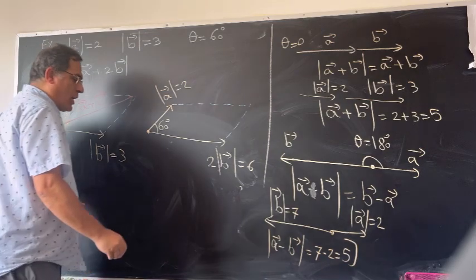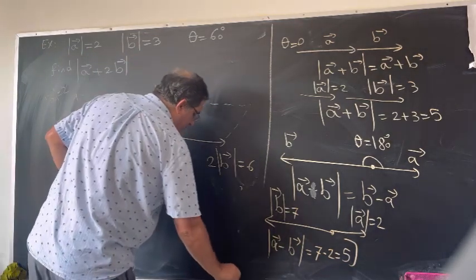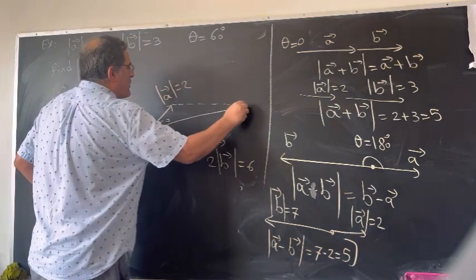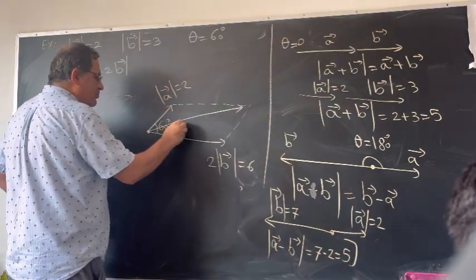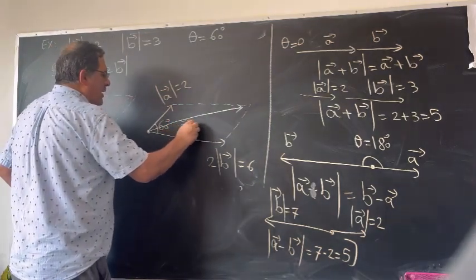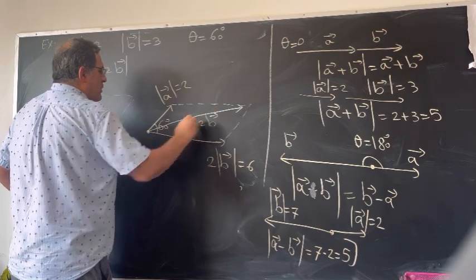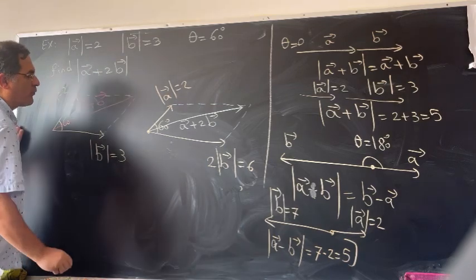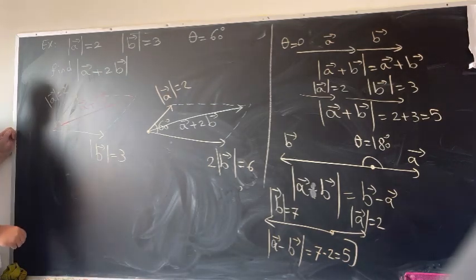The diagonal between the two vectors is the addition or resultant, which should be A plus 2B.